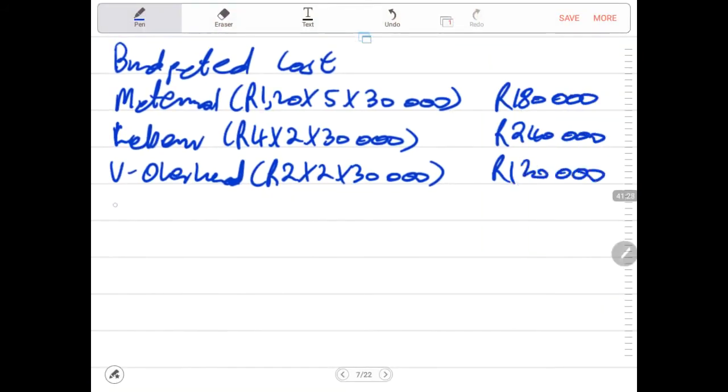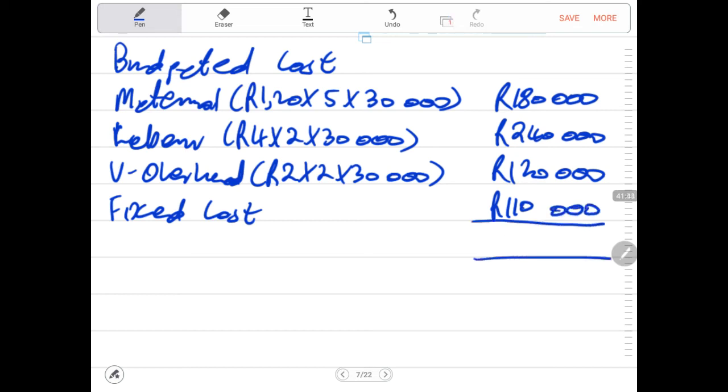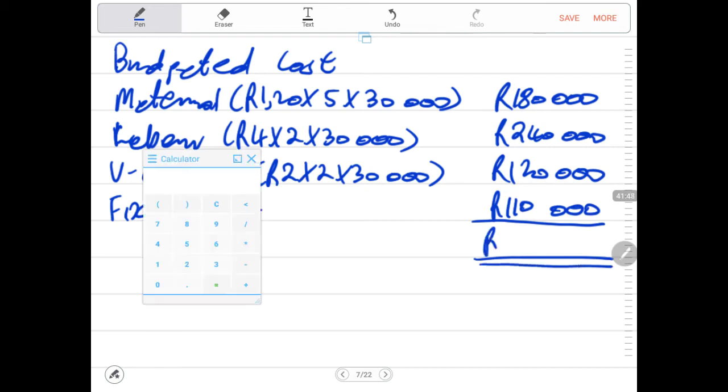120,000 rands. Then after we had our fixed cost, which is already in total. Fixed cost 110,000 rands. So calculating the sum of all of this will give us 680,000? 110,000 plus 120,000 plus 240,000 plus 180,000.